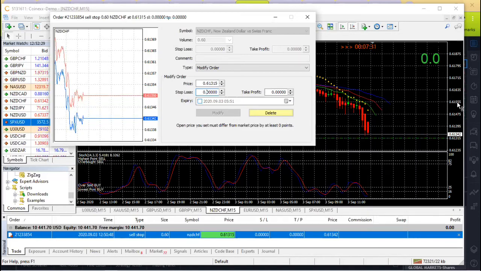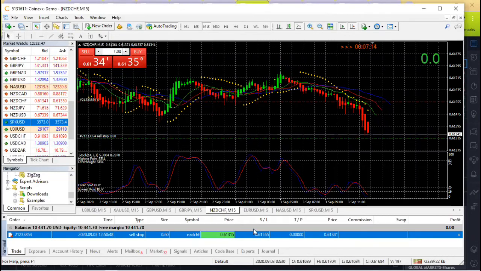So we're going to put 0.61555. Again, that is 0.61555. And then we're going to come over here and tell it to modify our order. So now we have our trade sitting here ready to activate at this price point, and we've got our stop loss set. When you have a pending order, you always want to keep a check on the movement.